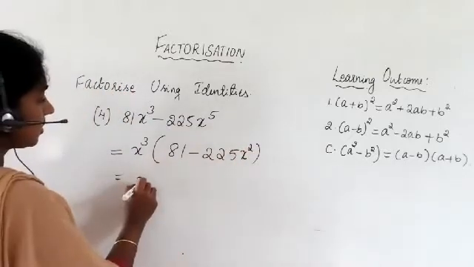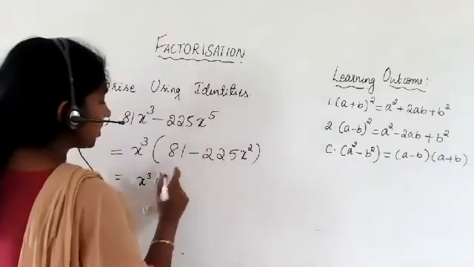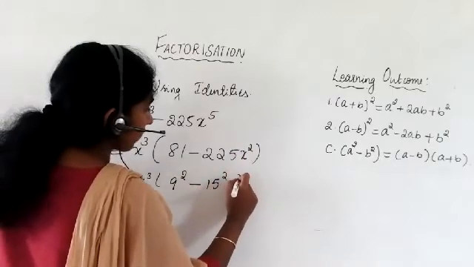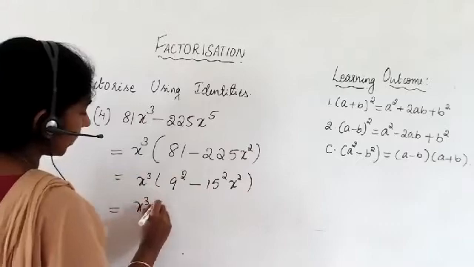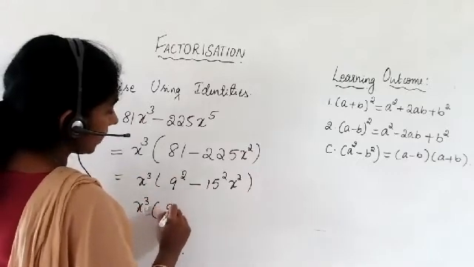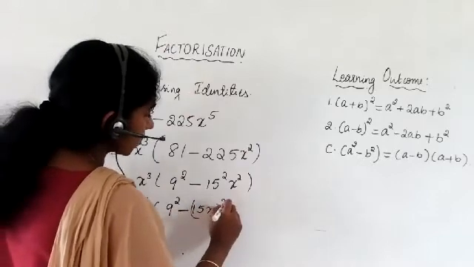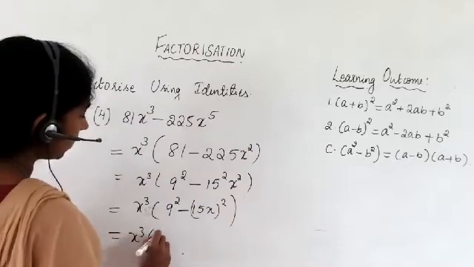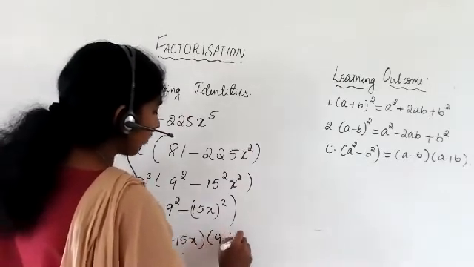Now this is there in our first question which I solved. So this can be written as 9 square, this can be written as 15 square. So this will be equal to x cube into 9 square minus 15 x the whole square, right? Now this can be further reduced to 9 minus 15x into 9 plus 15x.